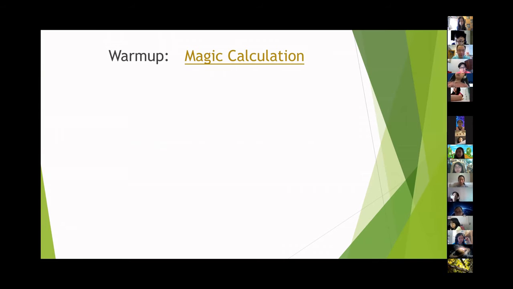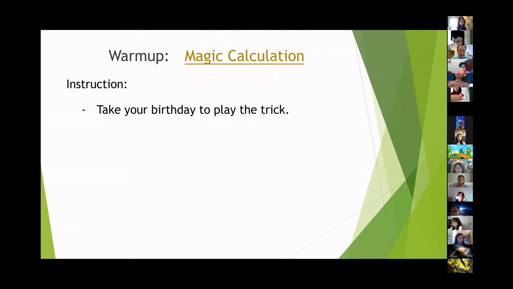Now if you have your piece of paper and pencil, please get ready, because I want you to do some very interesting calculations. Now see the instructions. I guess everybody has their own birthday, right? Okay. You know your birthday, right?